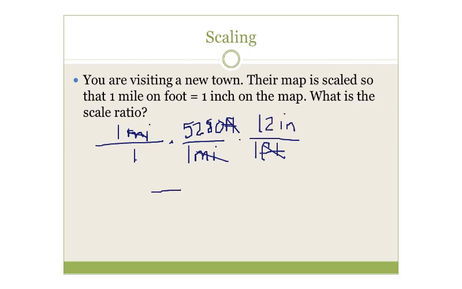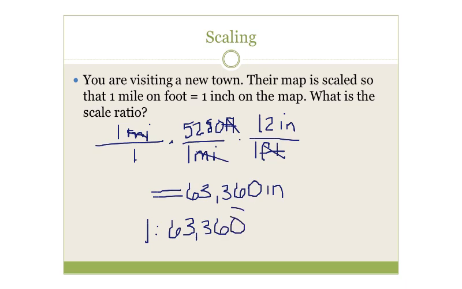And so when I multiply here along the top, I end up with 63,360 inches. So my scale ratio is 1 to 63,360.